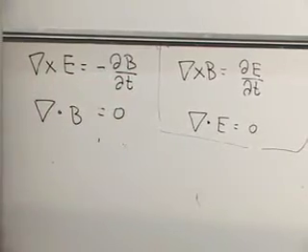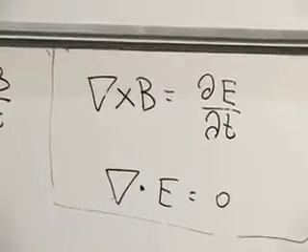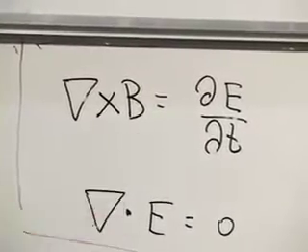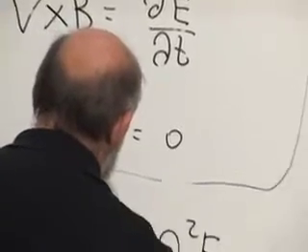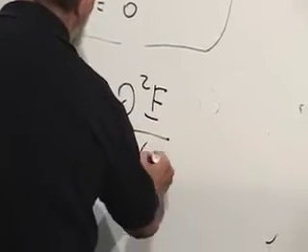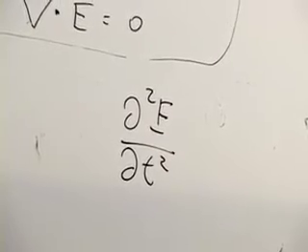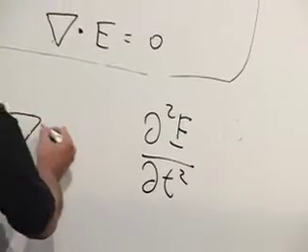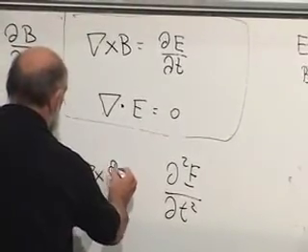It's got only one time derivative in it. Let's differentiate it again with respect to time so that we get a second time derivative. Then it will be d second E by dt squared, the second derivative of the electric field, and that's going to equal del cross the time derivative of B.